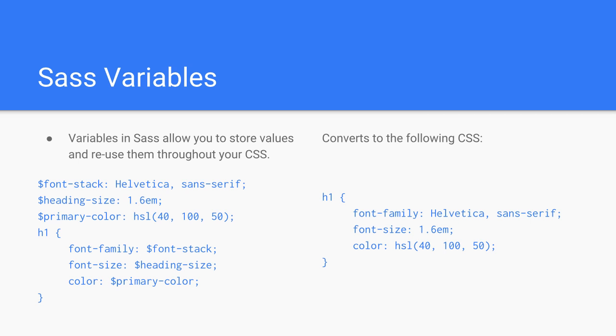You can say H1, font family is font stack, font size is heading size, color is primary color, and reference those variables throughout our CSS. And that all gets compiled into plain CSS for us that we include in our page. It just replaces the variables.